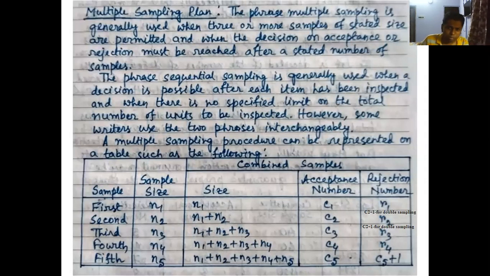If you perform the double sampling plan, you will make a table like this, where instead of R1 you will have C2 plus 1, and instead of R2 you will also have C2 plus 1. But whenever you go through the multiple sampling plan approach, your R1 may not be equal to C2 plus 1.